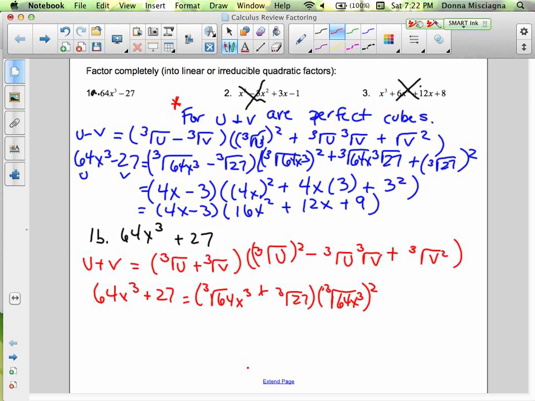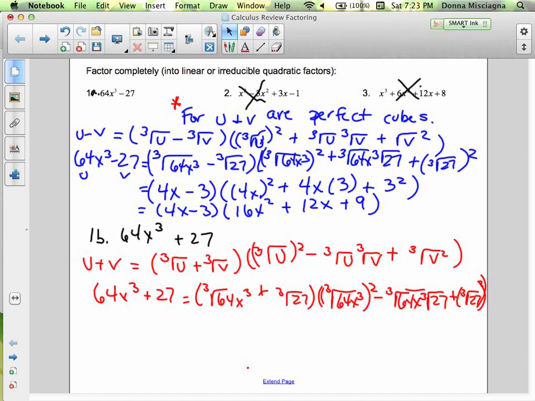Oops, I need another parentheses here. Minus the cube root of 64x cubed, I'm going to make that long enough, times the cube root of 27, plus the cube root of 27, okay, if you squeeze it in there, squared, and a parentheses.